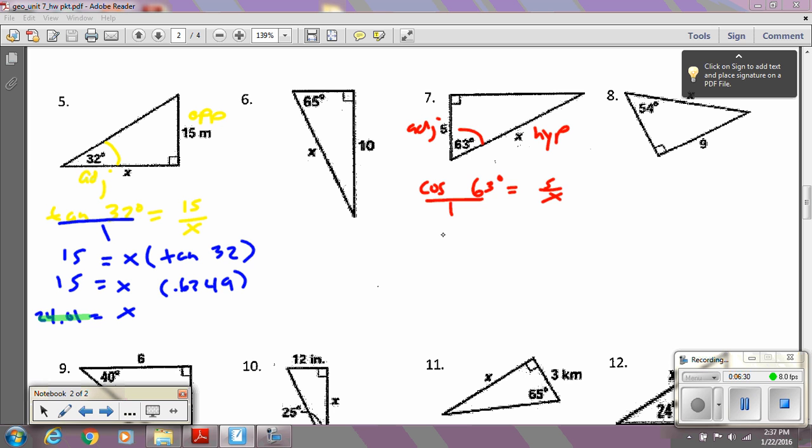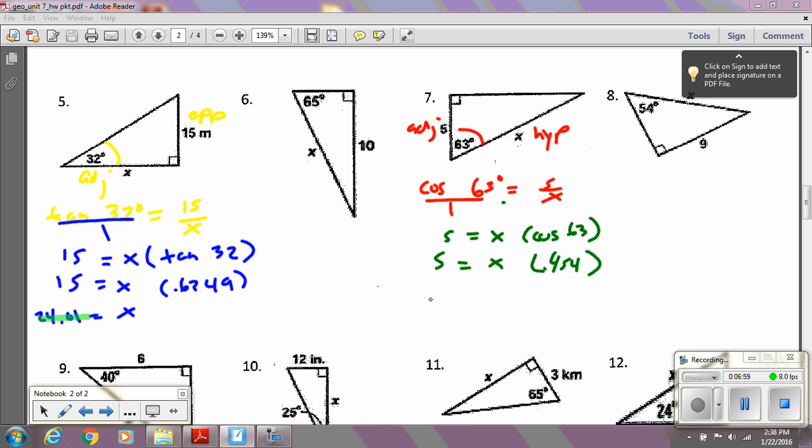And you would have 5 is equal to x times cosine of 63, which is 0.454.